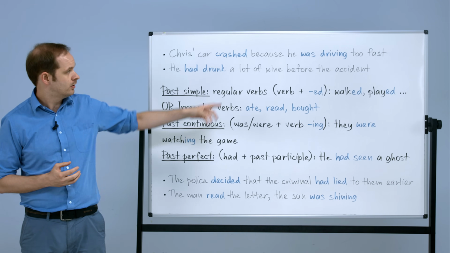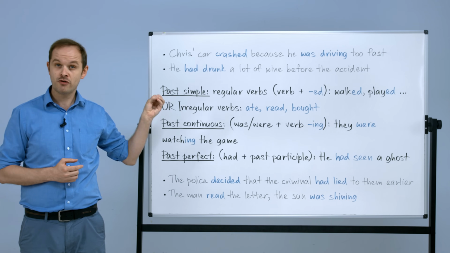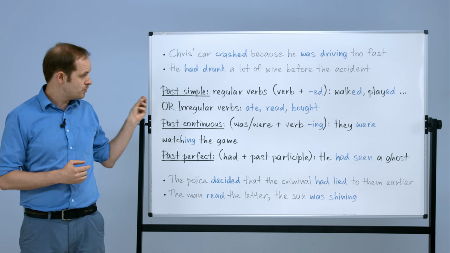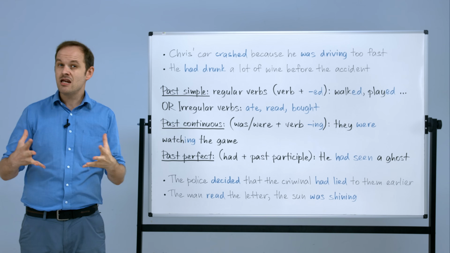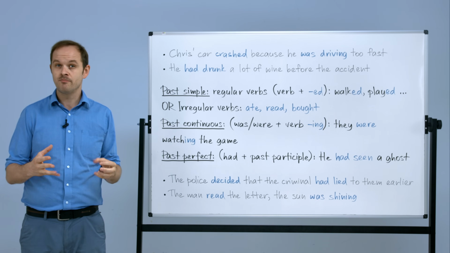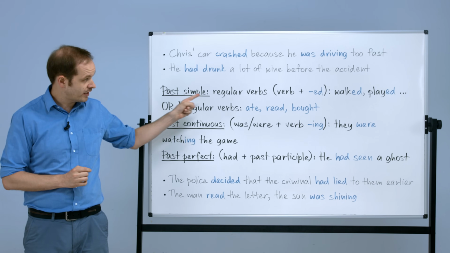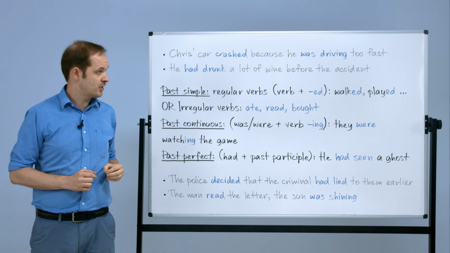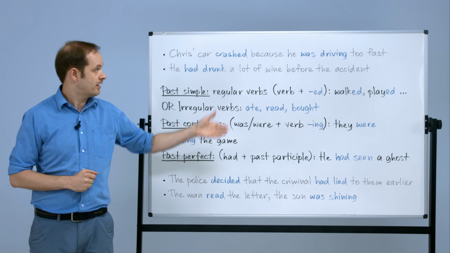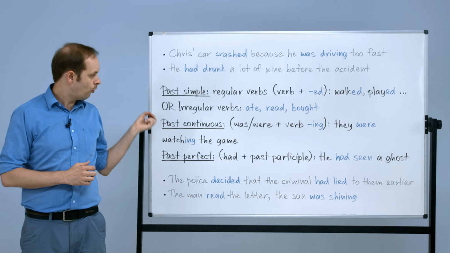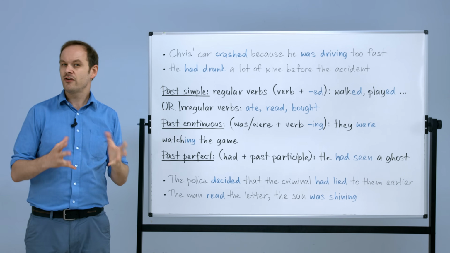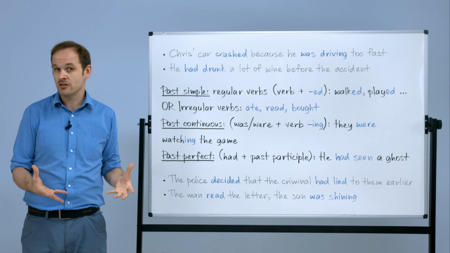Well, first of all, we've got past simple. Chris's car crashed. We use the past simple to tell the main or interesting events in the story. When we use the past simple, there are things to remember, like regular verbs. These are the verbs that finish with ed, walked, played, crashed, for example. Or we've got irregular verbs, where the verb changes completely or the pronunciation changes completely.